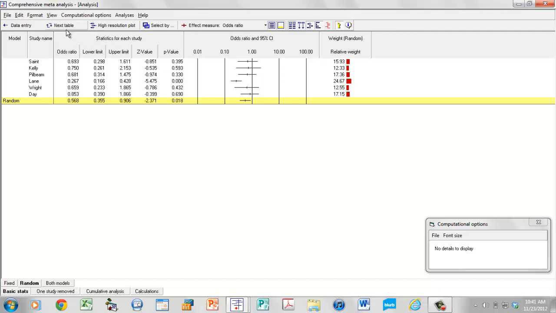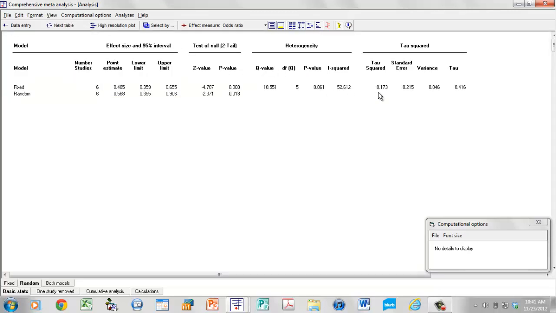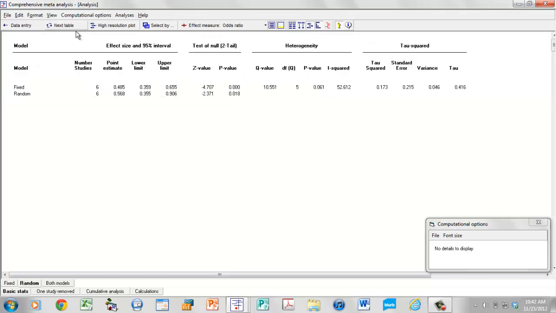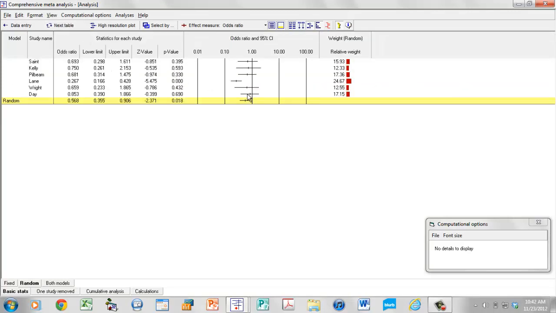The fact that tau squared is 0.17 and tau is 0.46 tells us that if we went back and removed some of this dispersion, so that what we were left with was only the true dispersion in effect sizes, the standard deviation of that dispersion would be 0.46, and the variance of that dispersion would be 0.17.